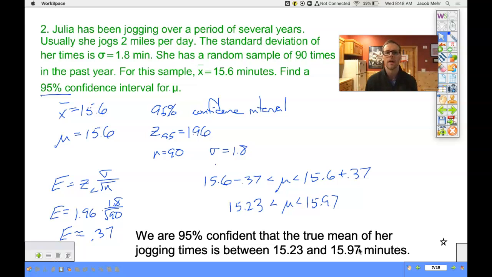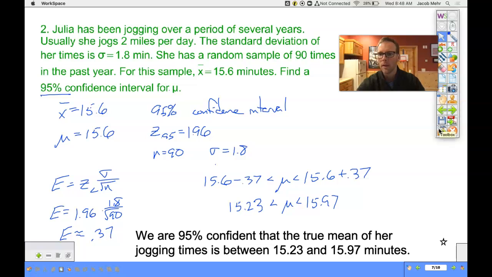Now, what if we wanted to be 99% confident? Think about what's going to happen to our range of numbers if we were to calculate a 99% confidence interval. Okay, should we do it? Before, I want you to think about what's going to happen to these numbers if we want to be 99% confident. All right, let's do it.